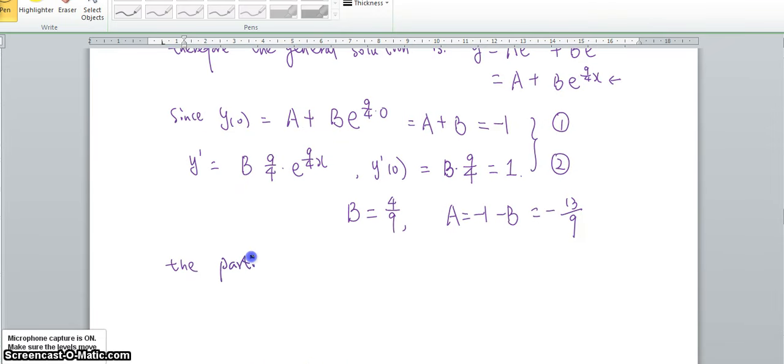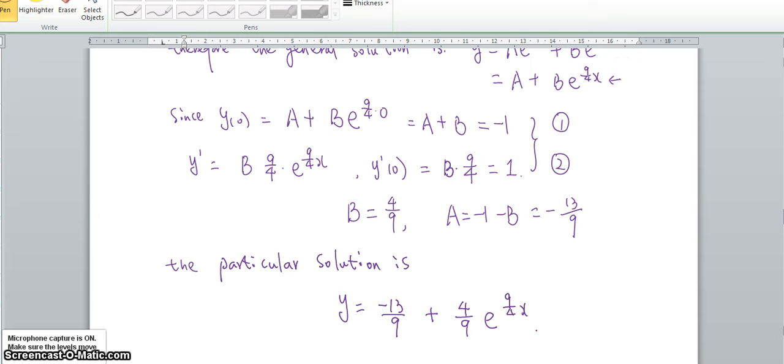So the particular solution is y equal to, once again over here, a plus b times e to the power 9 over 4 x. And we're going to plug in the values for a and b. Negative 13 over 9 plus 4 over 9 e to the power of 9 over 4 x. And we're done.